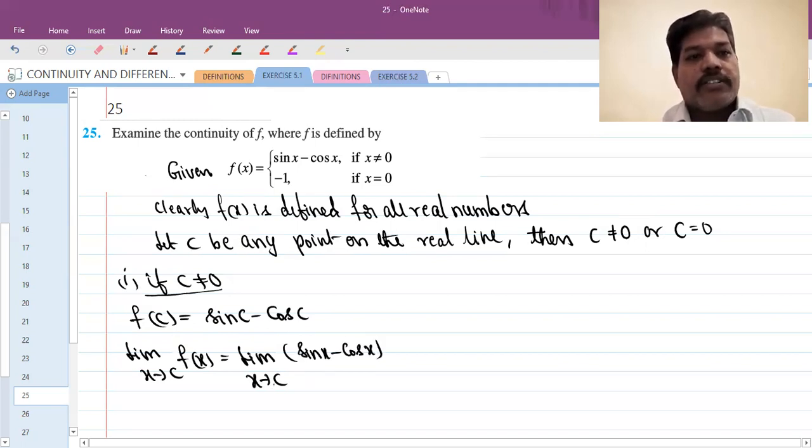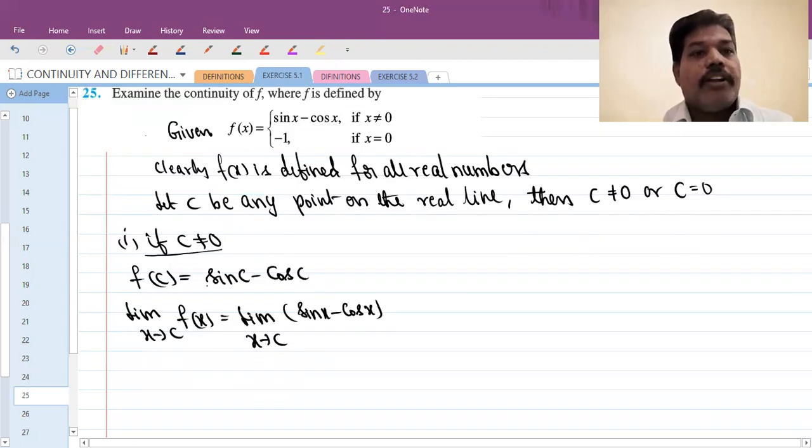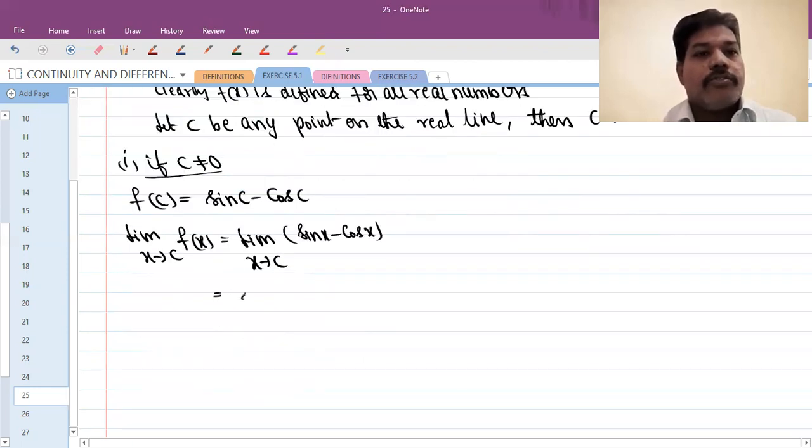Then what happens? If we apply the limit, it will become sin C minus cos C. So f of C and the limit as x tends to C of f of x are both the same.